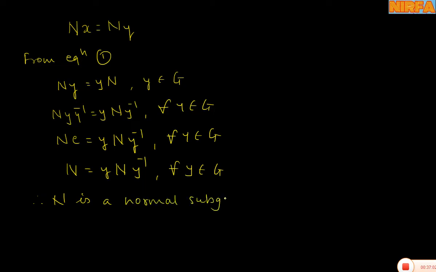So in this lemma we have proved that when n is a normal subgroup of G, then every left coset of n is equal to right coset of n in G, and conversely, after supposing every left coset of n in G equal to right coset of n in G, we have proved that n is a normal subgroup of G. So this is the end of this lemma also.